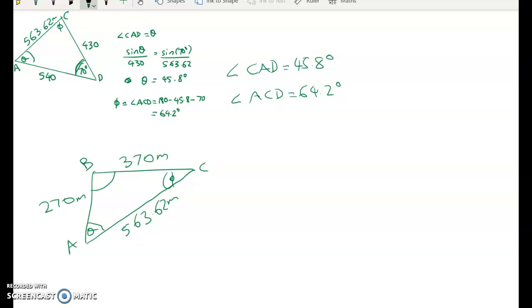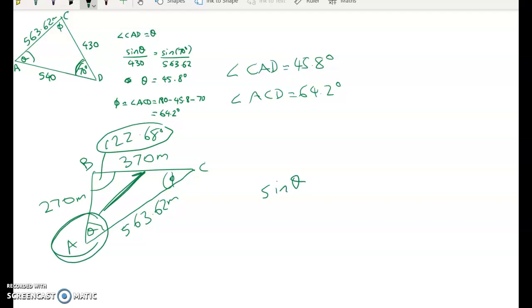Okay, so I can use the sine rule because I know that this angle here is 122.68 degrees, right? So sine of theta, this one paired with this one, sine of theta over 370 is equal to sine of 122.68 degrees over the long side, 563.62.